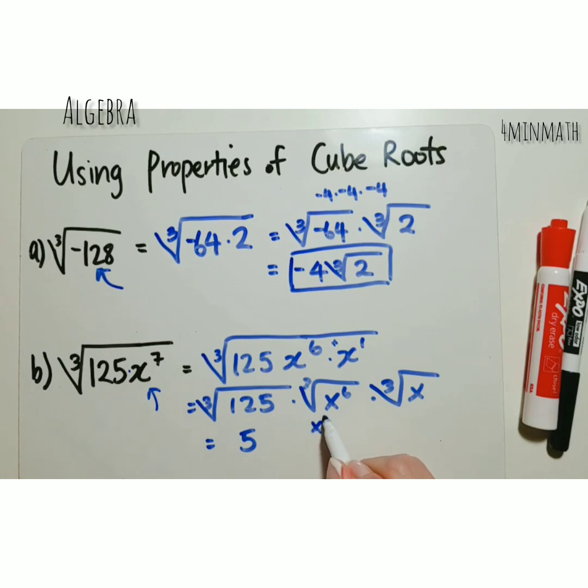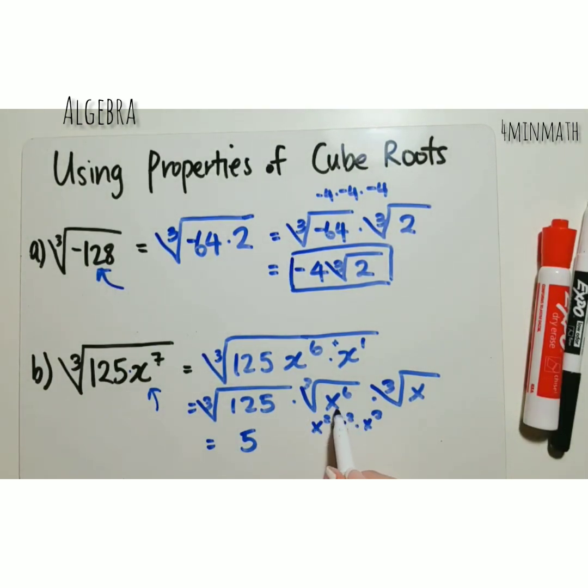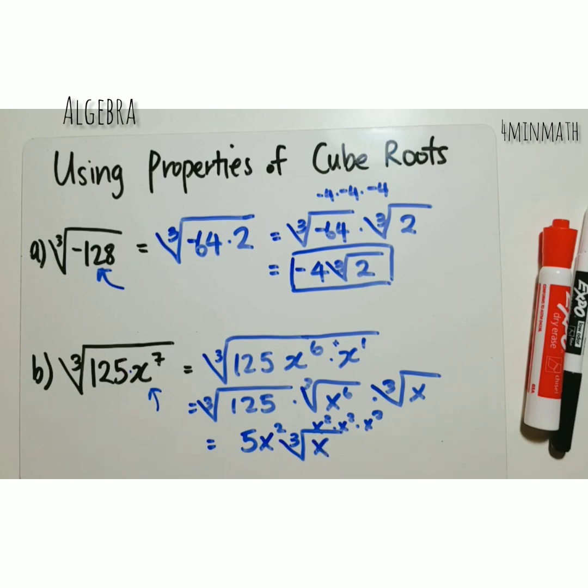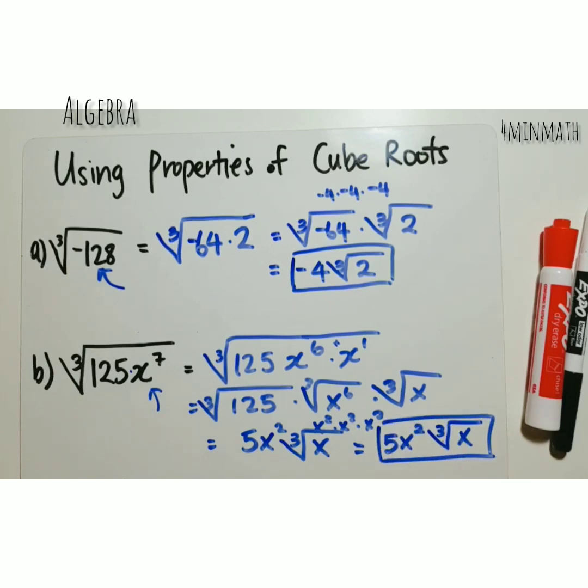So I have x squared times x squared times x squared in there, because 2 plus 2 plus 2 is 6. So the cube root of x to the 6th is x squared. Then I do not have a perfect cube here, so I'm going to leave that alone. Let me just rewrite that. So 5x squared cube root of x. And that's my final answer.